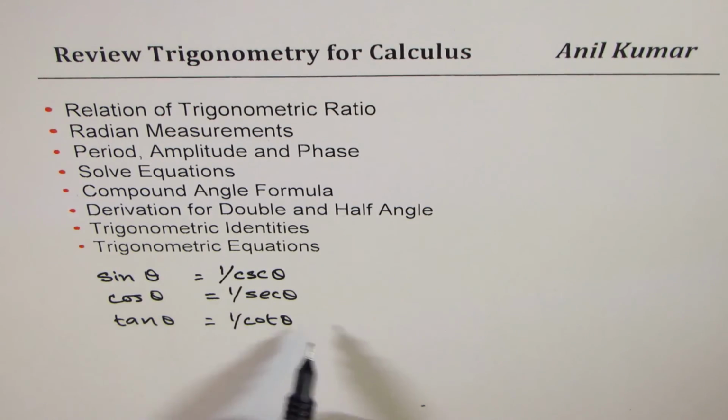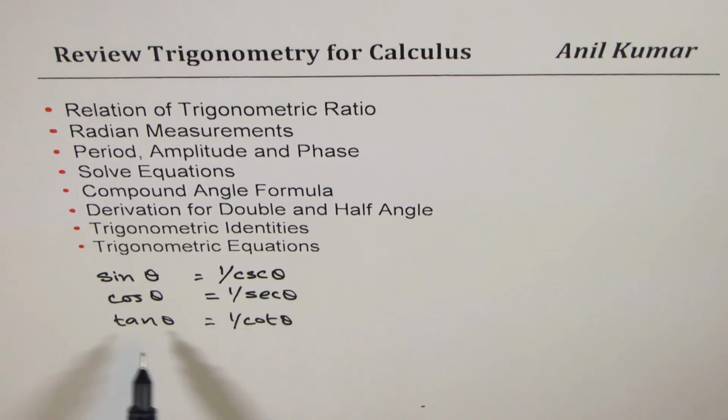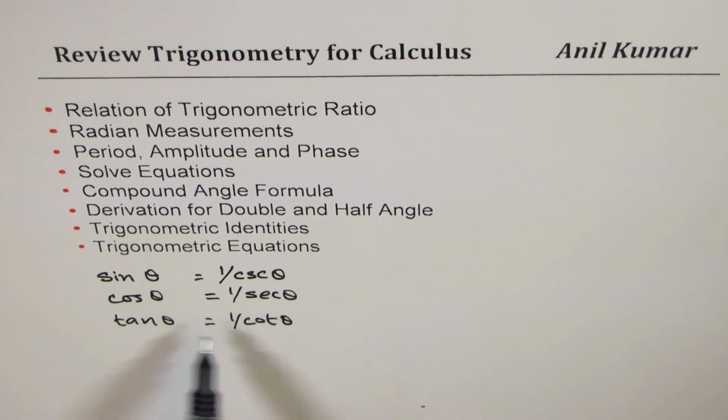So purposely I've written it the other way. You normally write cot theta as 1 over tan theta, but it's either way same thing, right? Now these are your trigonometric ratios.